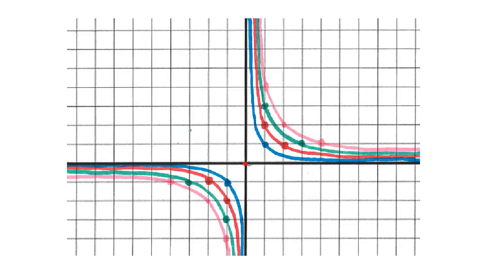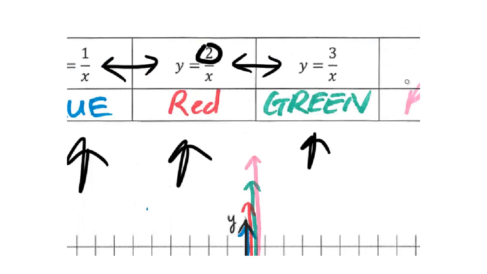If you look, we start here where the asymptotes cross, and we are 1, 2, 3 boxes away, and that's where our point is going to be. We can be 1, 2, 3 boxes up. That's where our point is going to be. So it's always just 1 on the inside, and you can reflect it over into the opposite quadrant to get the opposite 2 points.